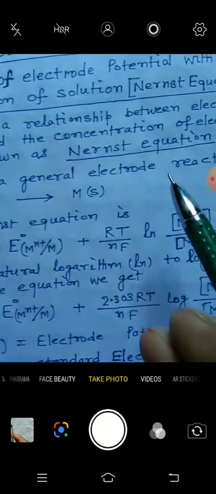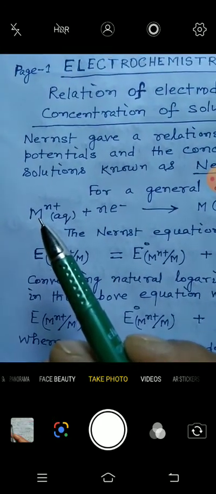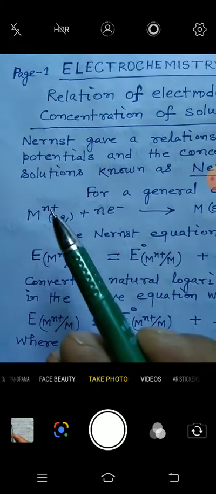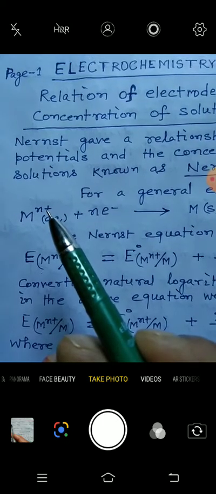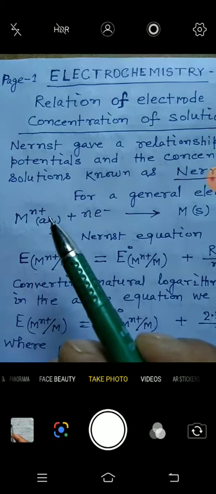For a general electrode reaction like this, M stands for metal and n+ is the charge of the metal, which may be divalent, trivalent, monovalent and so on.